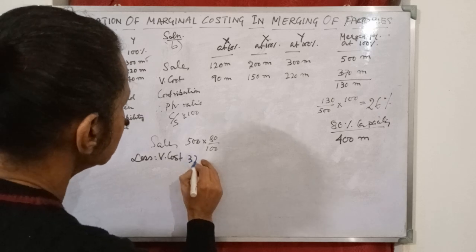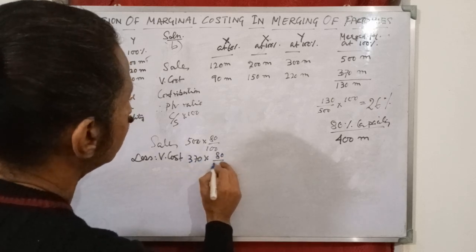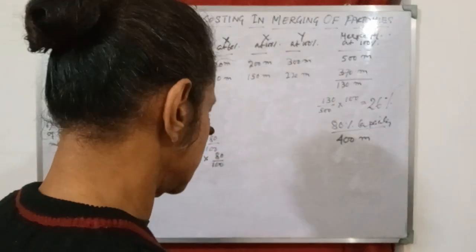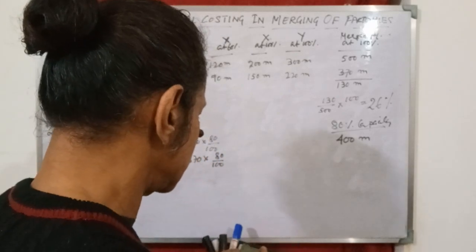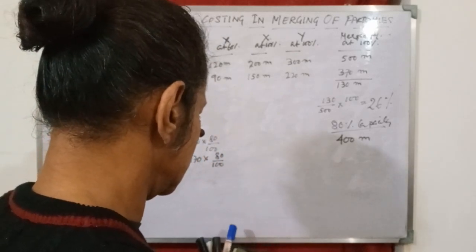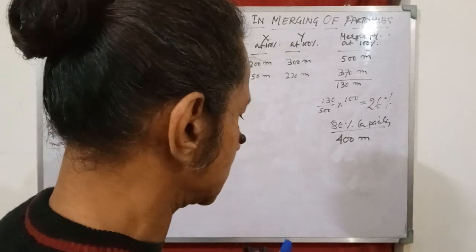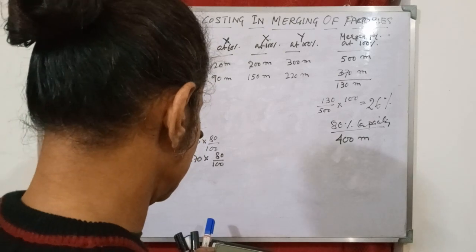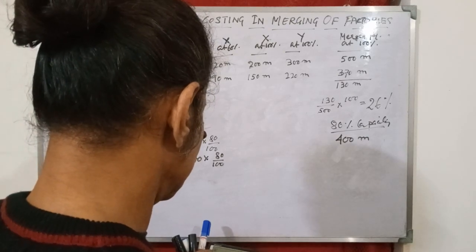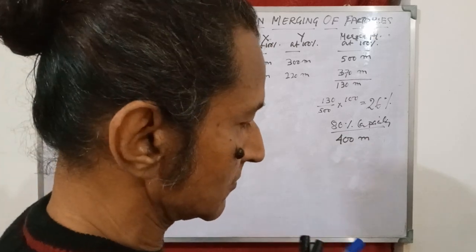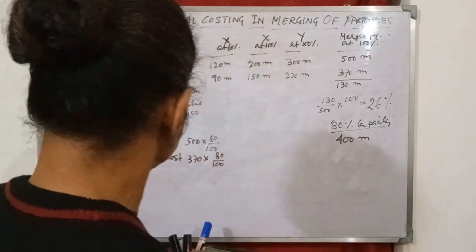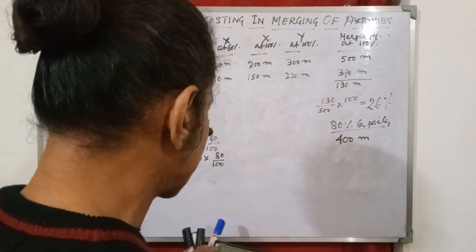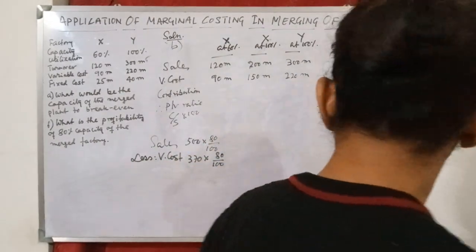So it will be 370 into 80 by 100, which gives us 80% of 370. 370 into 0.8 gives us 296 million.